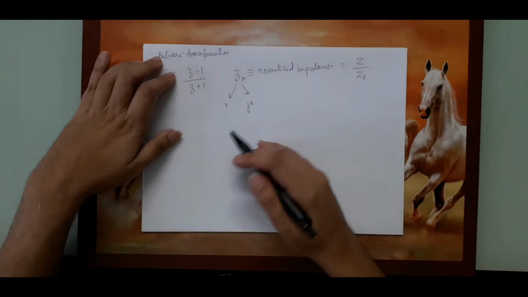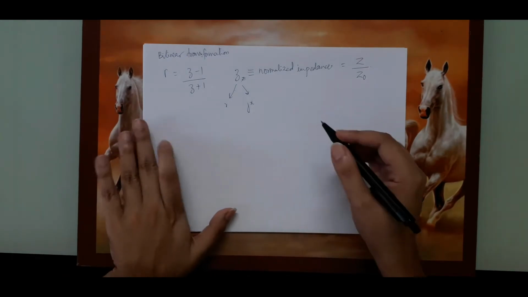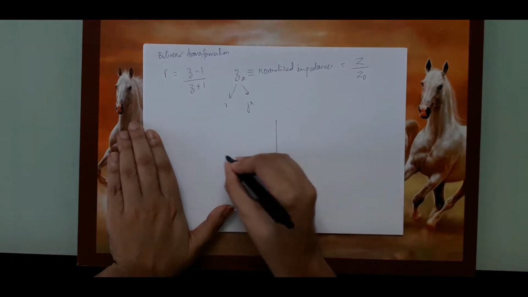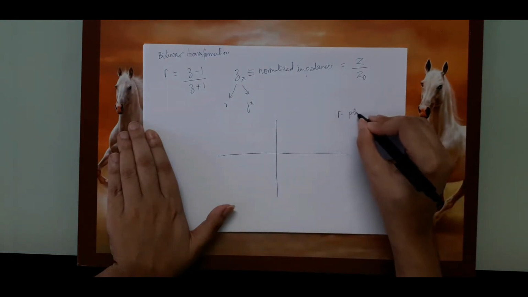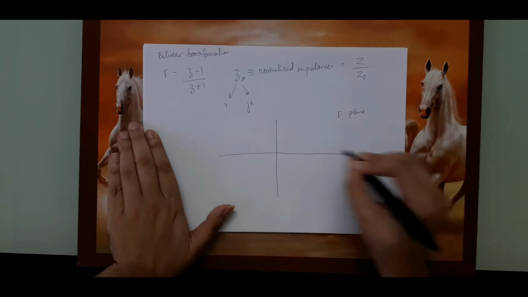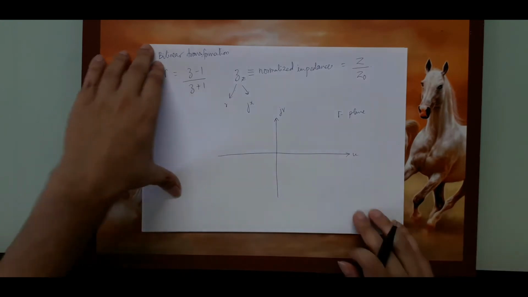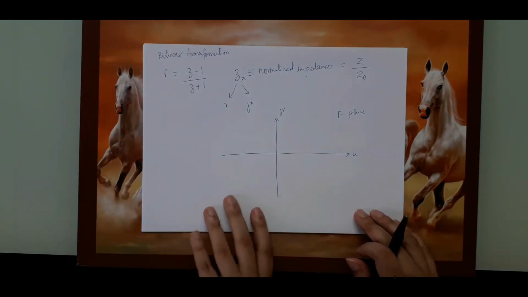So if you recall, the quick take home from the previous class was that if you look at this as a complex gamma plane, where gamma is nothing but u plus jv, we have already discussed how the transformation happens.